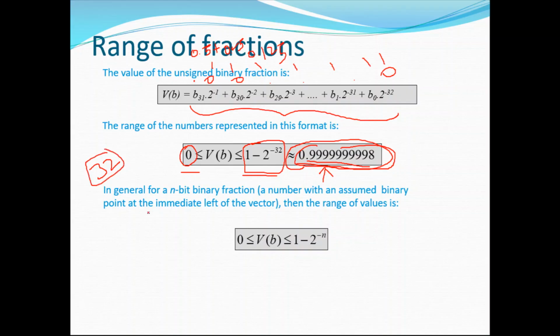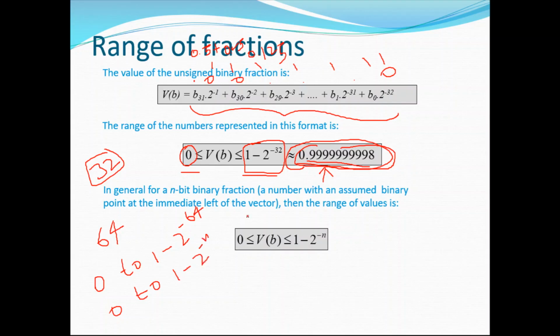So what is the range that can be represented with 64 bits? That is between 0 to 1 minus 2 to the power minus 64. Right? For n bits, it will be 0 to 1 minus 2 to the power minus n.